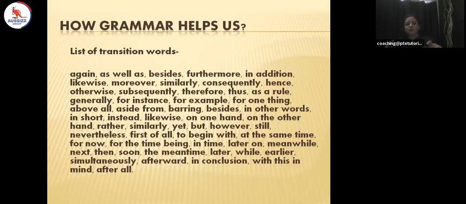I have taken one transition word, as well as. Go to Google, search for sentences using as well as. You will get a number of sentences. Read them and try to understand what is actually needed here. Then close it.